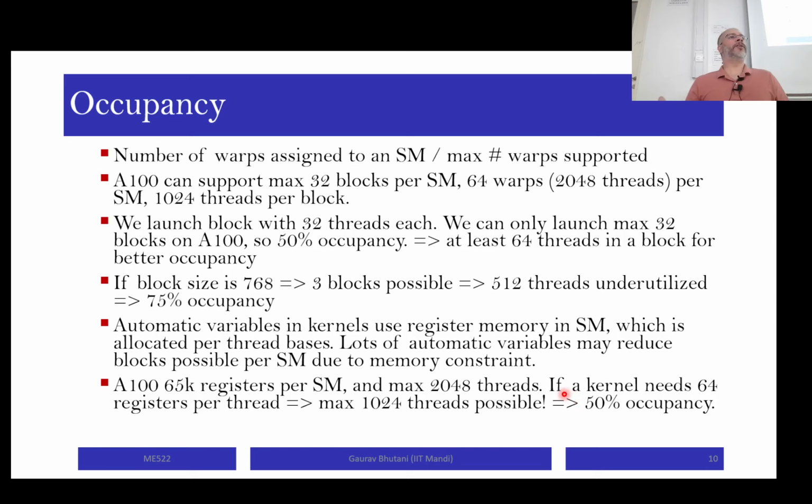So if you write a kernel function, let us say non-optimally, which has a lot of automatic variables and which results in 64 registers required per thread to store the private variables or automatic variables on each thread, then the constraint here is not the number of threads now, the constraint becomes memory, because 1024 threads times 64 is approximately equal to 65,000 registers.